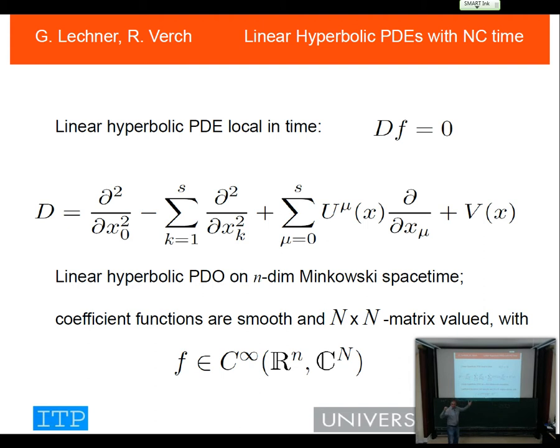So time goes vertically up. And then what's in this future causal shadow, that is J plus, the causal future of the support of h.